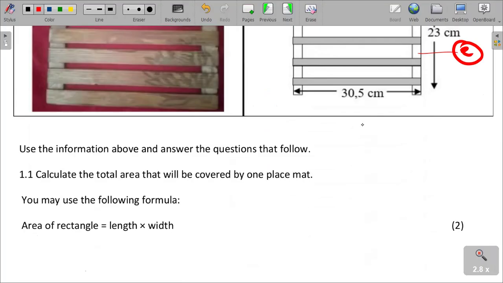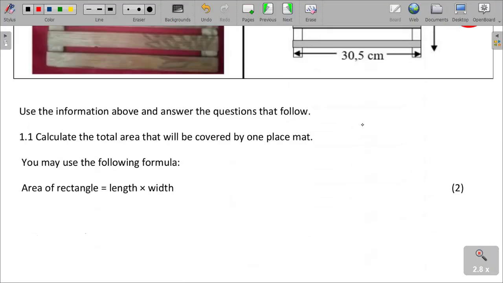The first question: calculate the total area that will be covered by one placemat. You may use the following formula: area of a rectangle is equal to length times width, which of course we know is the formula. The question asks us to calculate the area of the mat.